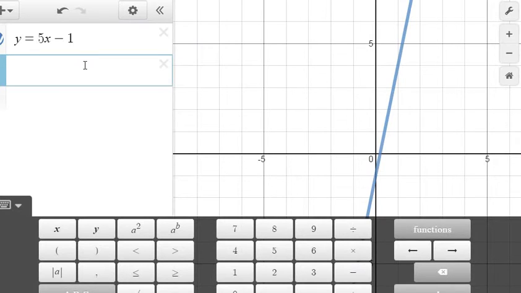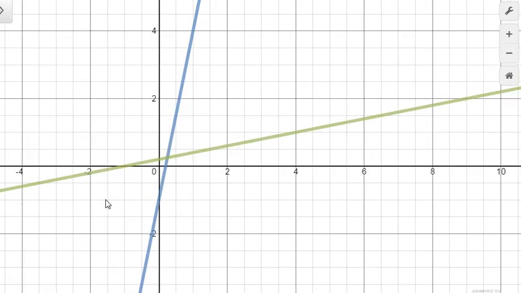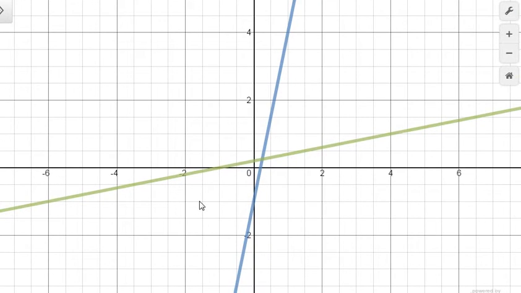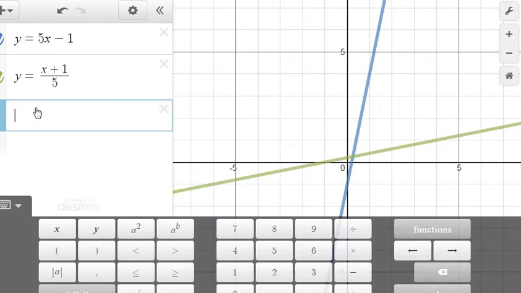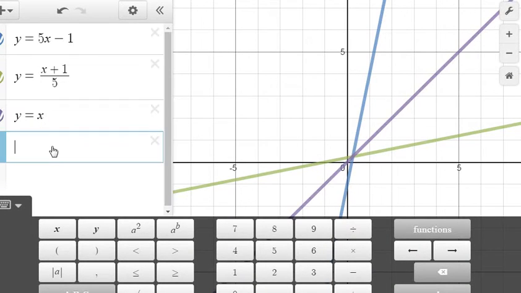I'll show you that in a minute. Let's do y equals, was it x plus 1 over 5? So x plus 1. And if you highlight this, then hit the division key, you can divide by 5. Does that look about right? Do those look like inverses of each other? We can add in the line y equals x, and they look pretty good.